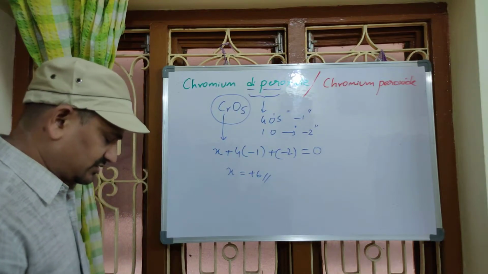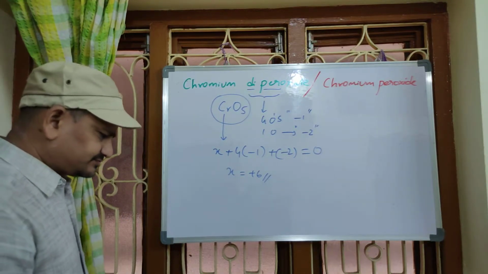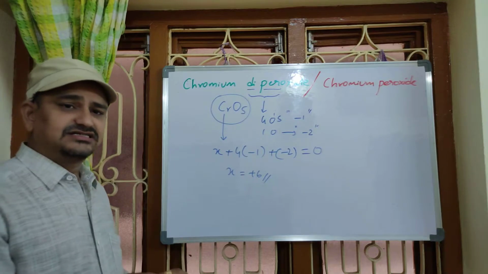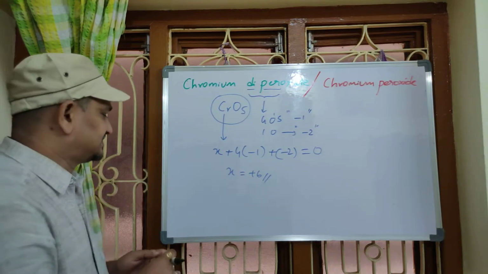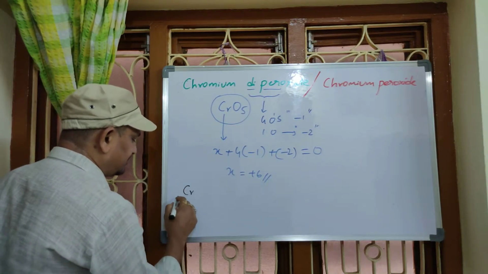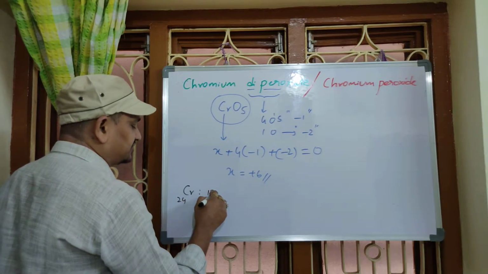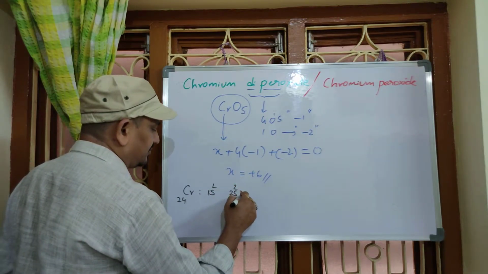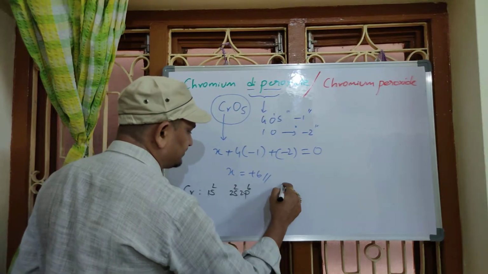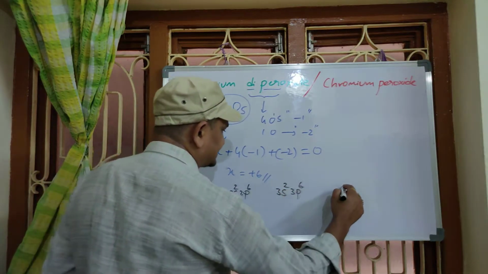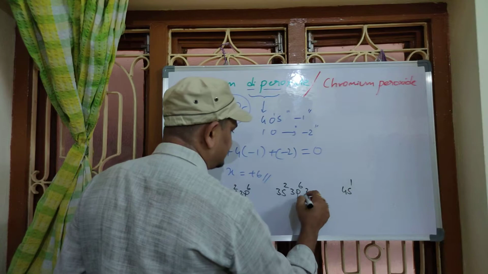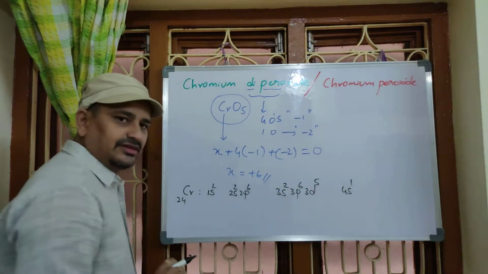Some students might have learned electronic configuration in the lower classes itself. For chromium, atomic number 24, the electronic configuration is 1s2, 2s2, 2p6, 3s2, 3p6, 4s1, 3d5.